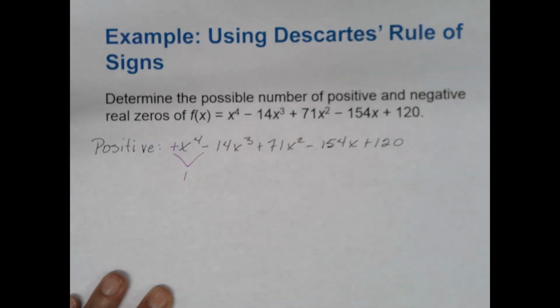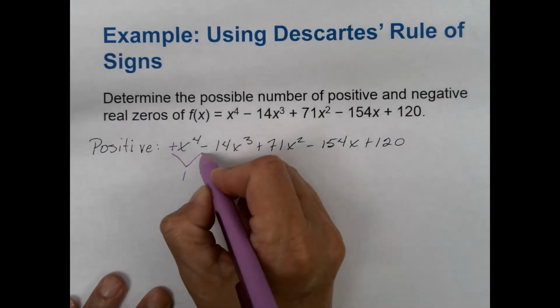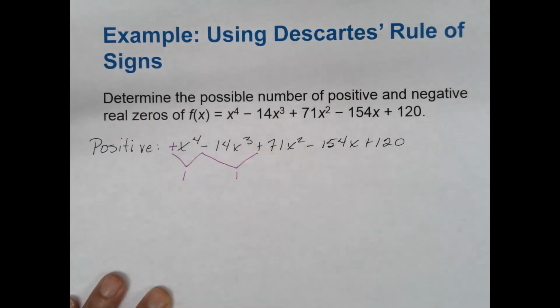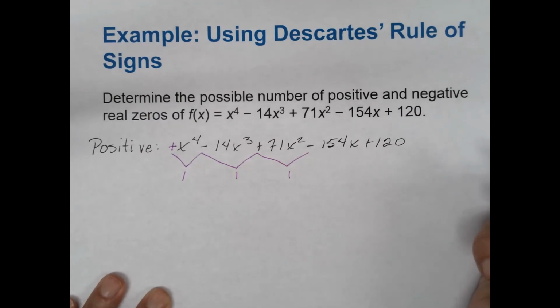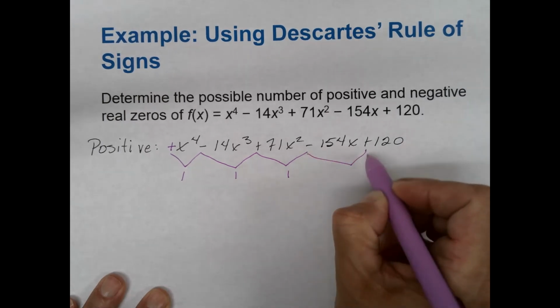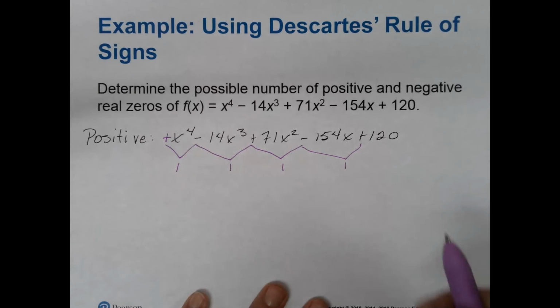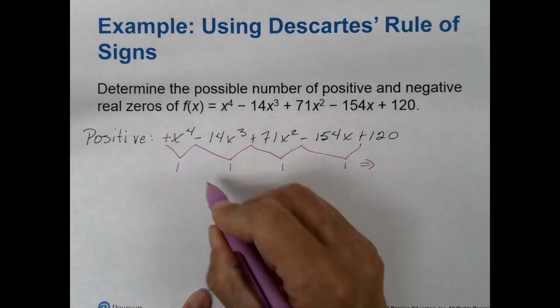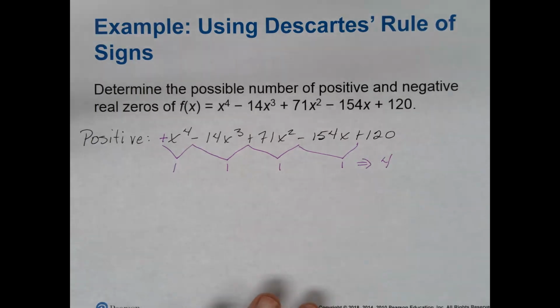I'm counting sign changes. Positive to negative, that's a sign change. Negative to positive, that's another sign change. Positive to negative, that's another sign change. Negative to positive, that's another sign change. If I add these up, 1 plus 1 plus 1 plus 1 gives me 4.